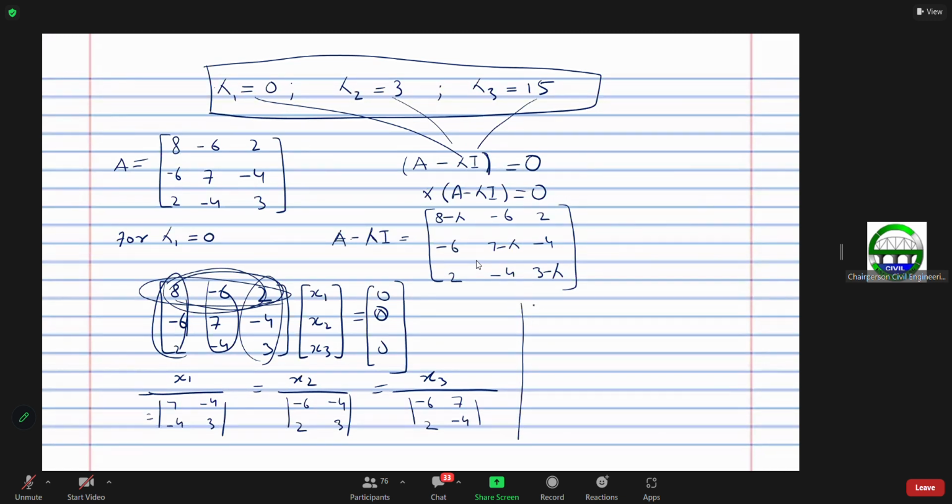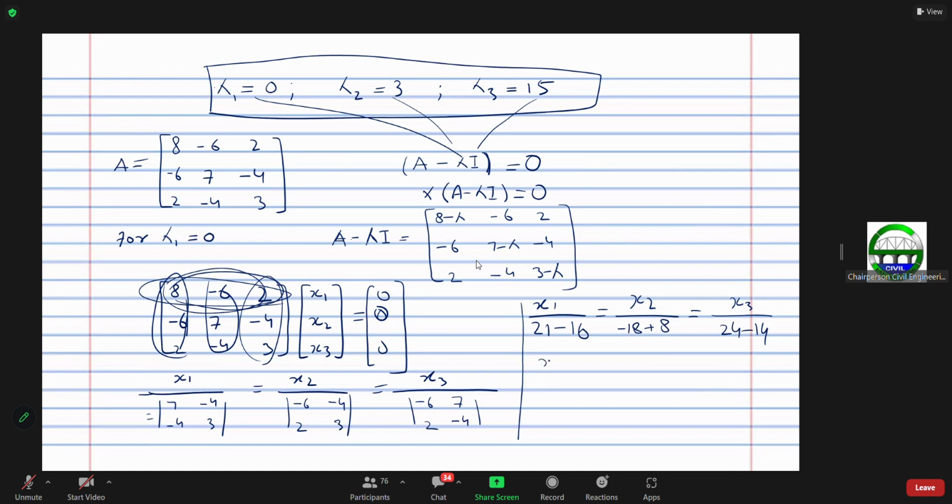Okay, so it will be equal to x1 over 21 minus 16, is equal to x2 over 18 plus 8, which is 24, is equal to x3 over 24 minus 14.